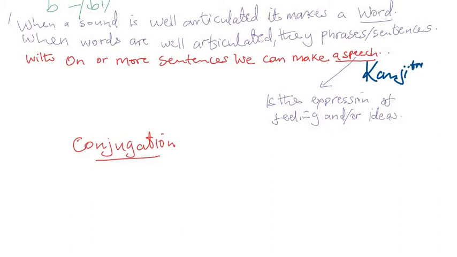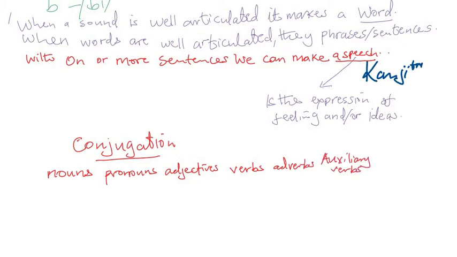So we begin with the categories of English words, which are nouns, pronouns, adjectives, verbs, adverbs, auxiliary verbs, conjunctions, and prepositions. Nouns can either be proper or common.